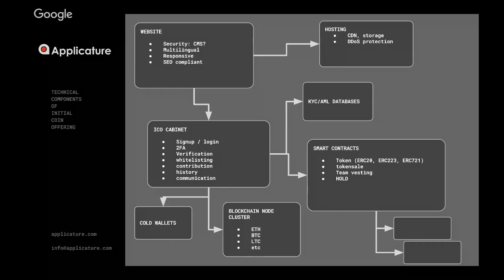You might want to have the hold contract. For example, you might want to offer your contributors to freeze the tokens for a certain time, and they would eventually get a bonus or any other incentive from your end for holding their token.